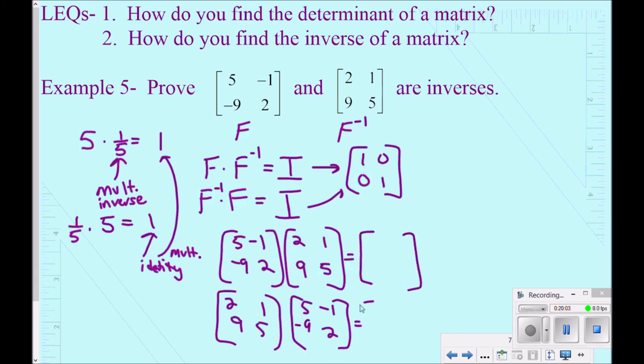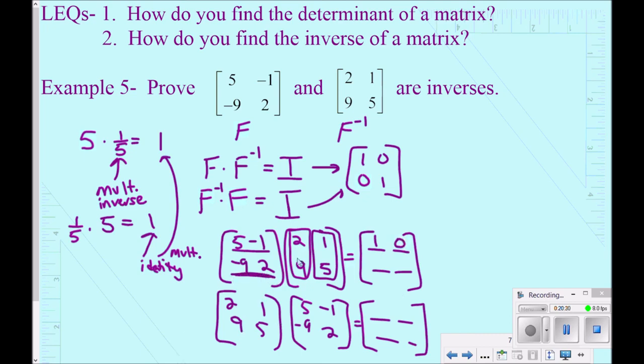So a 2 by 2 times a 2 by 2 is a 2 by 2. We're going to go here one at a time, row by column. 5 times 2 is 10, minus 1 times 9 is 10 minus 9, which is 1. 5 times 1, minus 1 times 5, 5 minus 5 is 0.